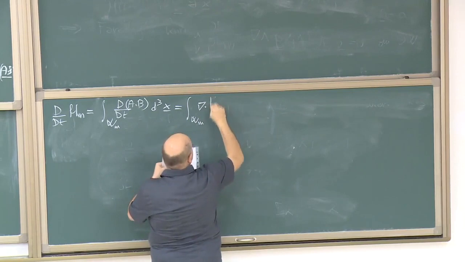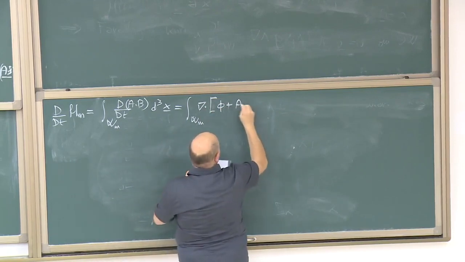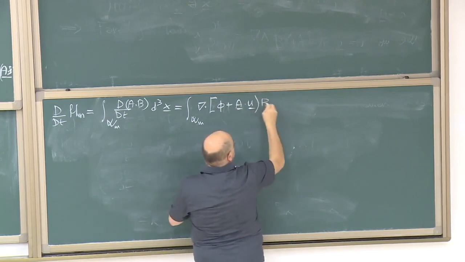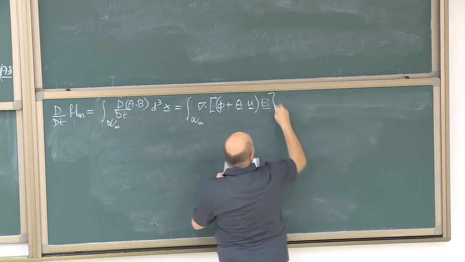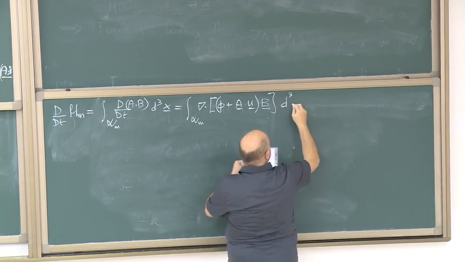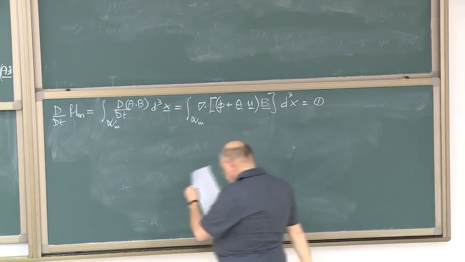I put everything inside, phi plus A times U, but here I have my B. And we said B has no component across the surface. So if I use the divergence theorem, this gives you 0.